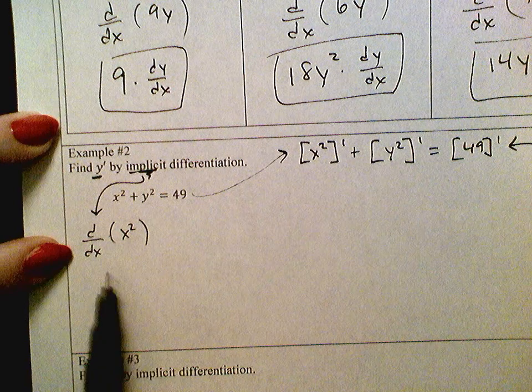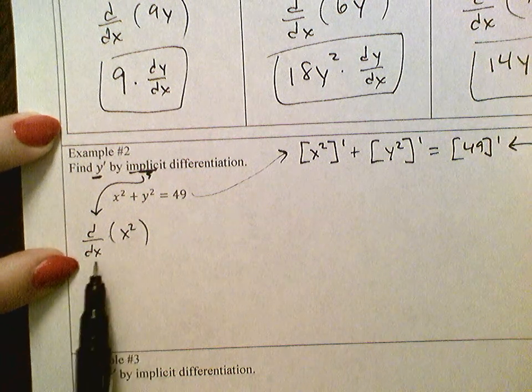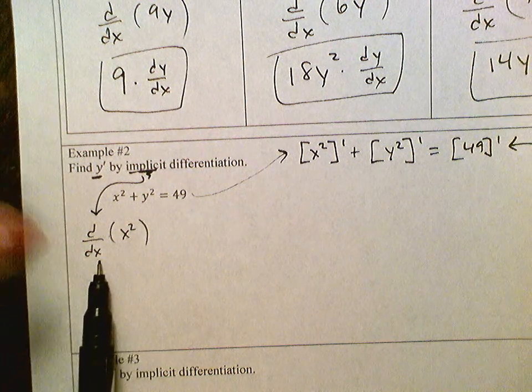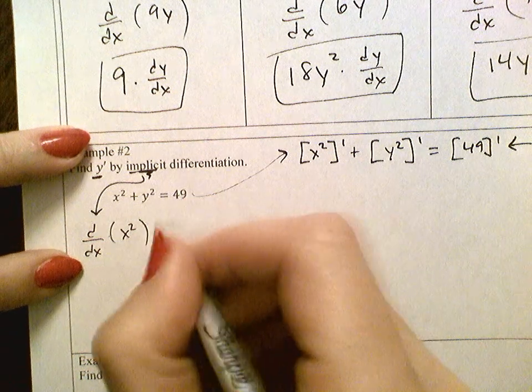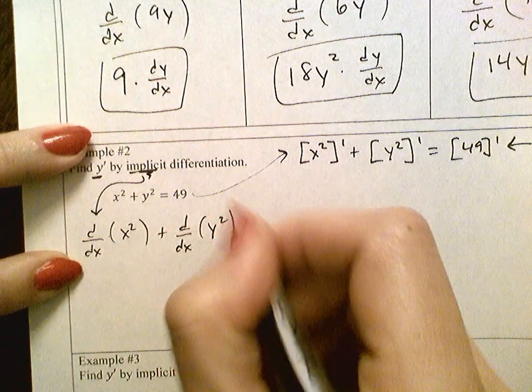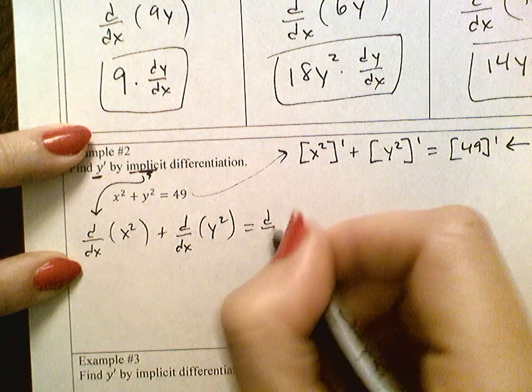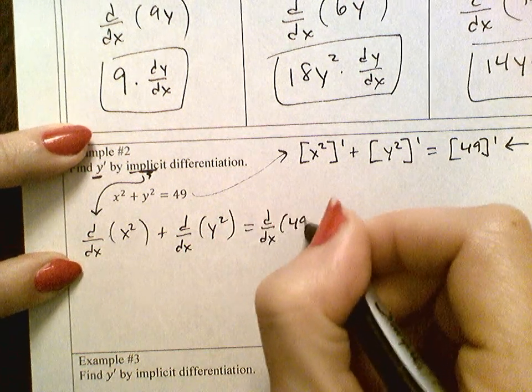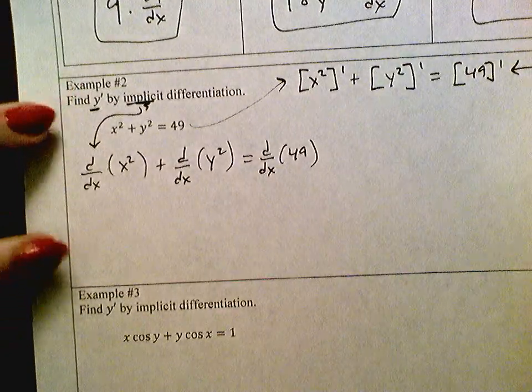d dx x squared. So that means we're going to take the derivative of x squared with respect to x, as though x were the independent variable, plus d dx y squared equals 49.